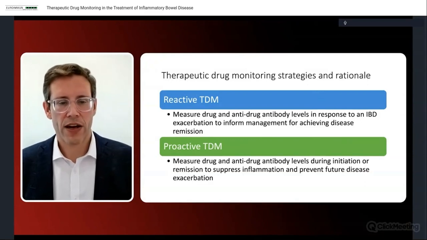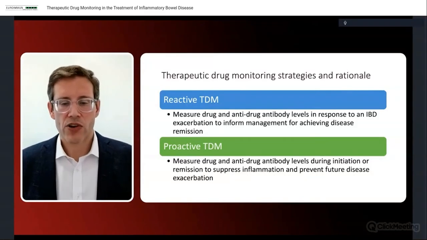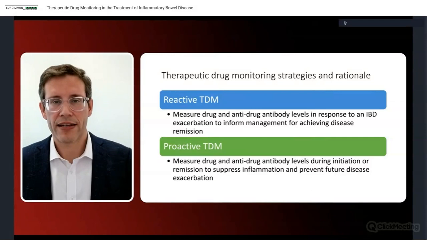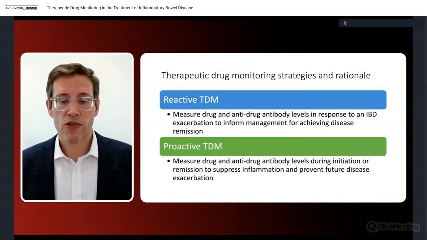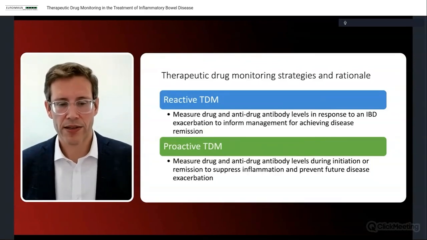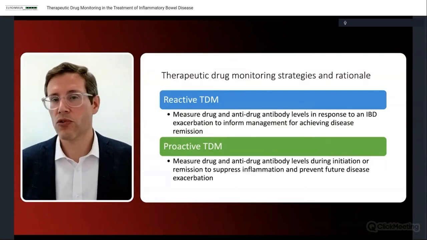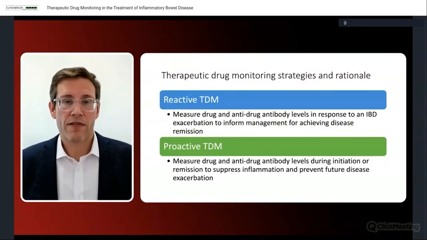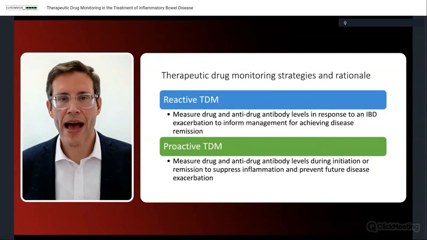Now, proactive therapeutic drug monitoring is when we measure drug and anti-drug antibody levels during initiation or remission with the goal of suppressing inflammation and preventing future disease exacerbation. So in this case, we're measuring drug levels in patients who are improving or who have no disease activity, with the idea that that will help us tailor the drug therapy to maximize its effectiveness and durability.